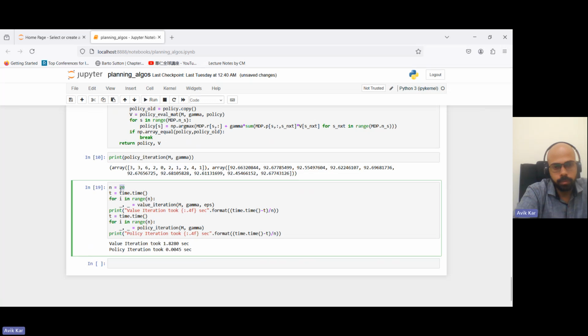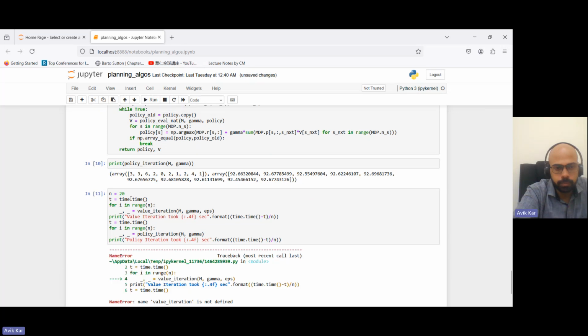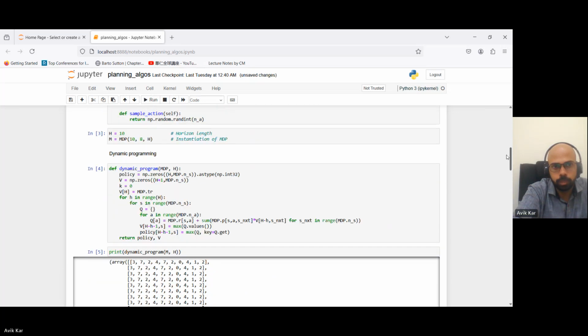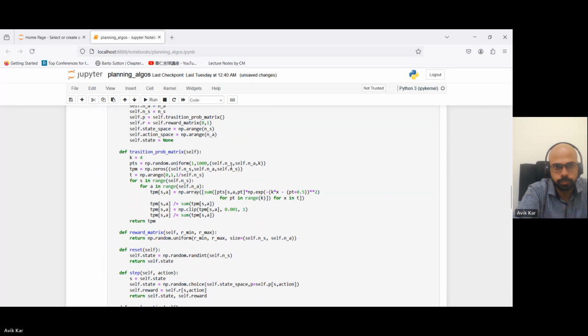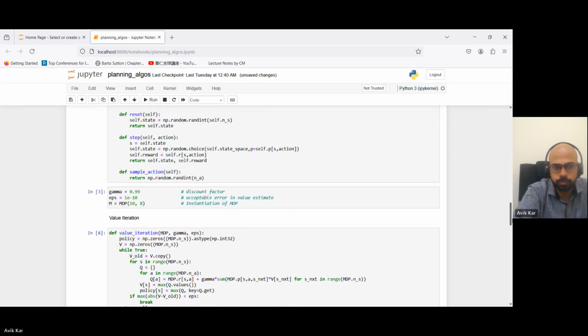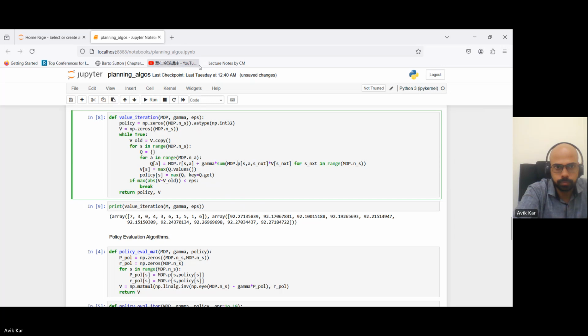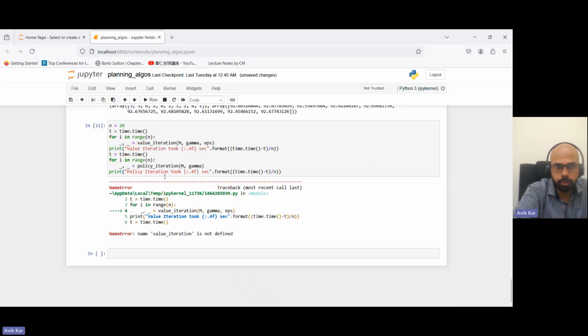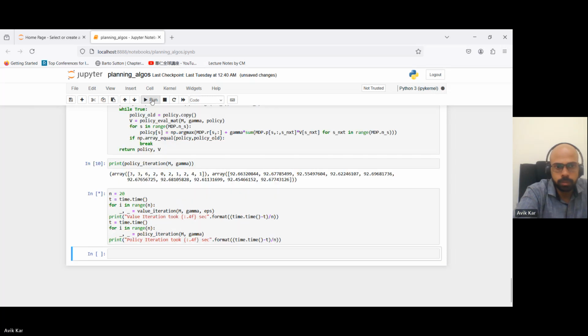But now we are comparing value iteration and policy iteration. Again, for 20 times we are running value iteration and policy iteration, and we are printing the average time taken. Let's see what is the difference. Okay, so I have not run value iteration yet. Now that we have run value iteration, let's see how much time it takes.